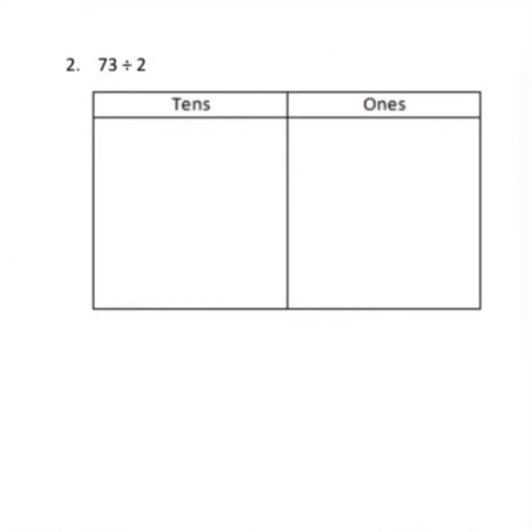The first problem we're solving is 73 divided by 2. Our first step is to draw our discs representing our tens and ones. I see there is a 3 in the ones place, so I will draw 3 discs in the ones place. 1, 2, 3.